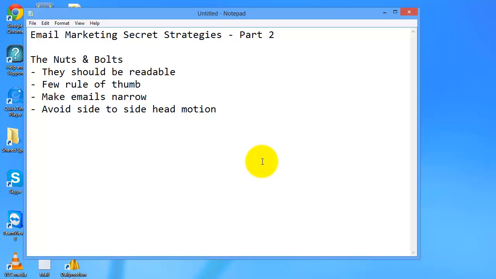Because when you write long, if I keep on writing on this line and it stretches outside, people don't tend to read those emails with interest.